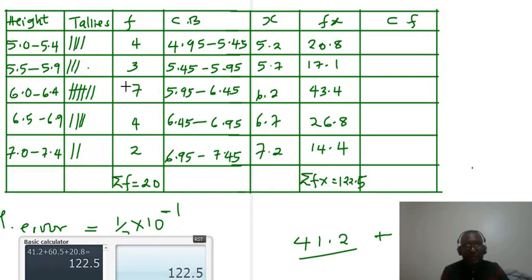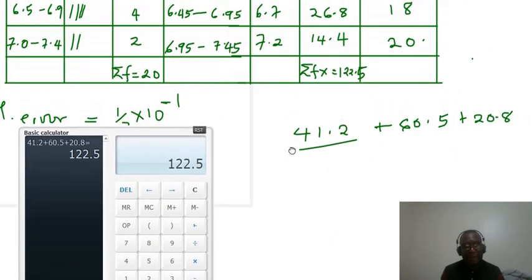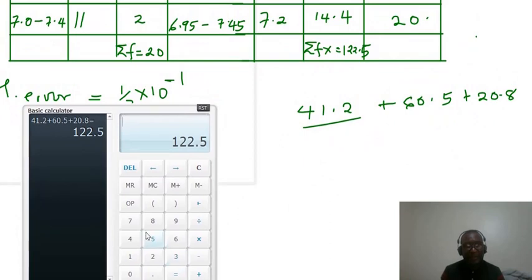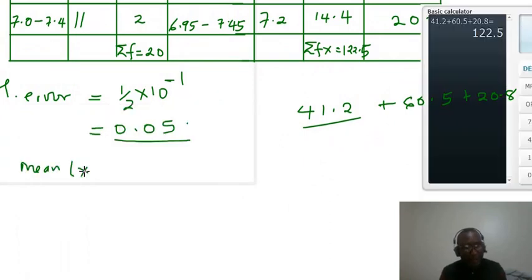Next we need to get the cumulative frequency. Transfer the 4 here. We have a 4 plus 3, get a 7 plus 7, 14 here, plus a 4, we get 18 there. So now, having filled in all the columns of our table, we now go ahead to calculate the required parameters. So we start with the mean, x bar.